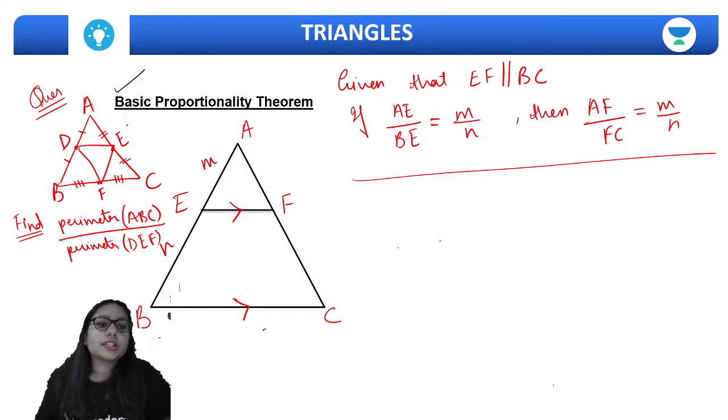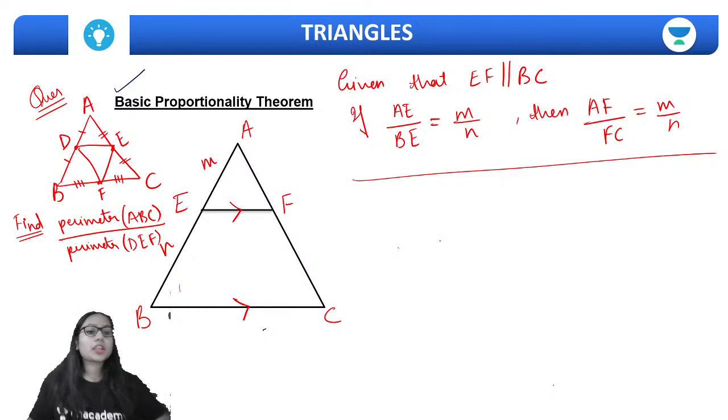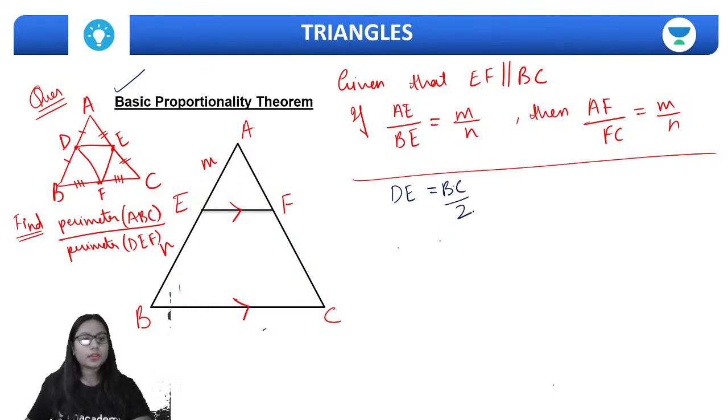Let's see. This is a triangle, not an equilateral triangle. D, E, F are the midpoints of sides AB, AC and BC. So from the previous theorem, I can say that DE is BC by 2, since this line segment is joining the midpoints and is parallel to BC.